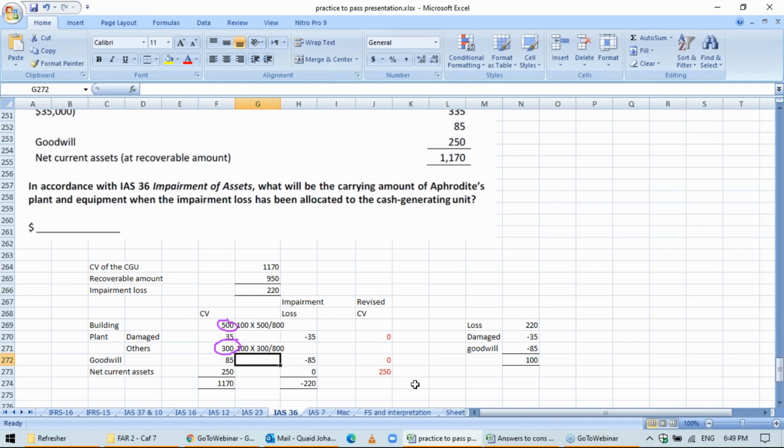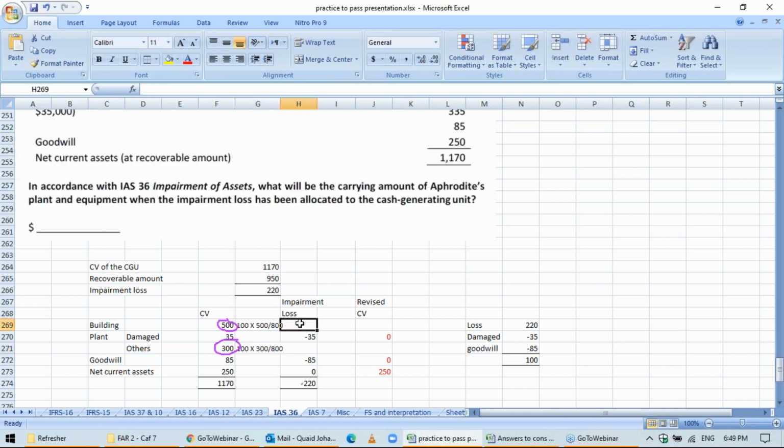So we add the carrying values of all the remaining assets and then divide each carrying value by the total to get the proportion and multiply it with the remaining impairment loss. So doing this, I get the impairment loss that will be allocated to both the items.